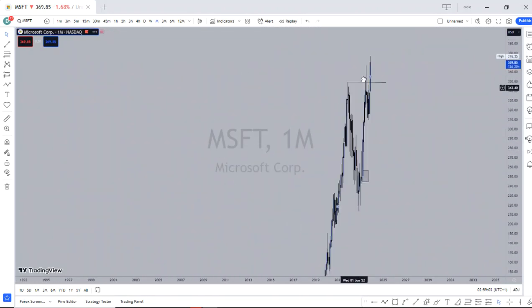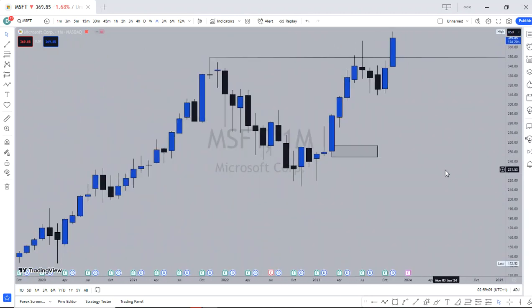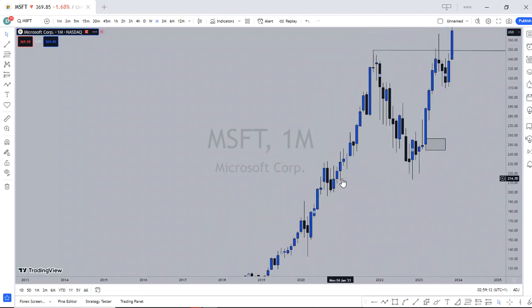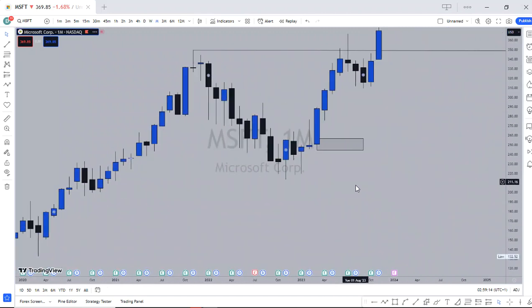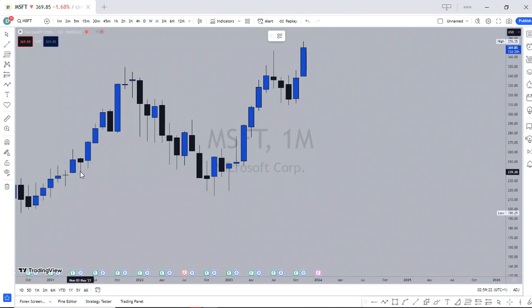Now we have Microsoft right here, and you're paying attention to your higher time frame. I always talk about that. You can see that we're having an overall bullish market right here. If you pay attention right here, you can actually see that we had an area of support, right?